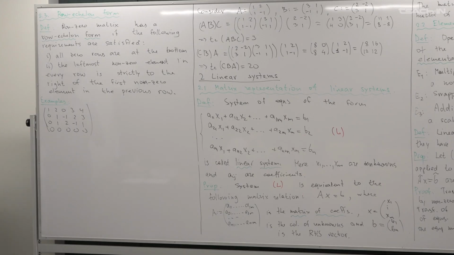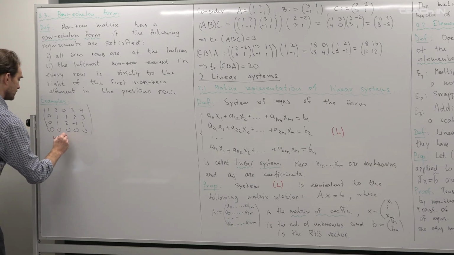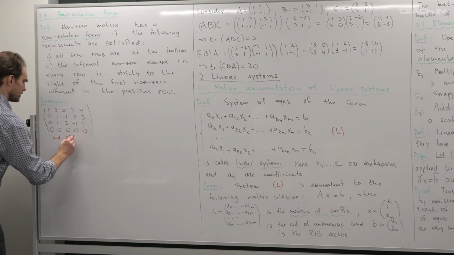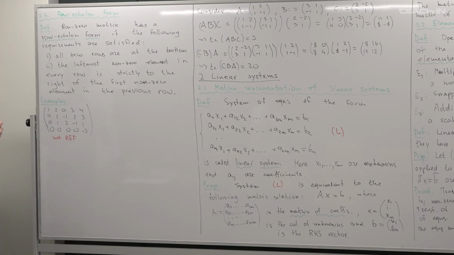So this matrix does not have a row echelon form, because here the first requirement is satisfied. Here we have a 0 row at the bottom of the matrix, but in the third row and in the second row, the first non-zero elements are just one above the other, so this is not row echelon form. Oh, sorry, we did not define reduced row echelon form yet, just because here we have these two elements.